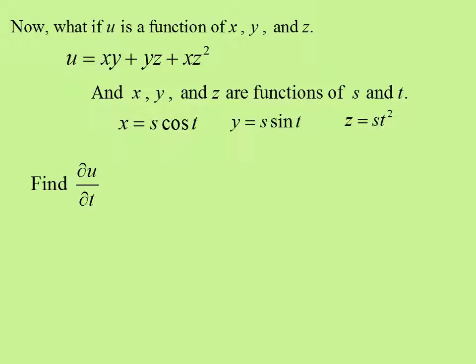So here we're trying to find our derivative of u with respect to t. Well, we can do the derivative of u with respect to x. We can do the derivative of u with respect to y. We can do the derivative of u with respect to z. So let's do all of those.